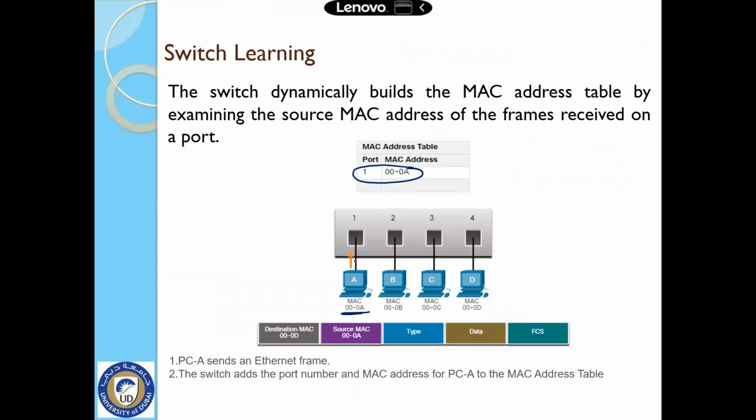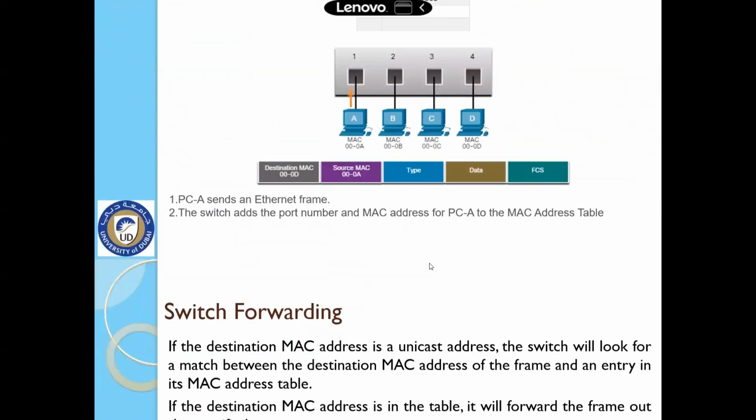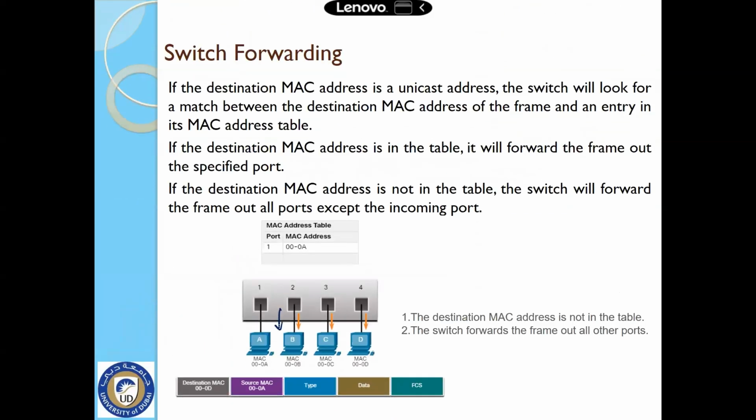All right, so it will check the destination. The destination is not within the list. What will the Ethernet do? The Ethernet forwarding, it will send a message to all other hosts connected to this one, and each host will reply with its own MAC address. So the table will build up. So the destination MAC address is not in the table, then the switch forwards the frame out to all other ports, waiting for a reply with each host's MAC address.